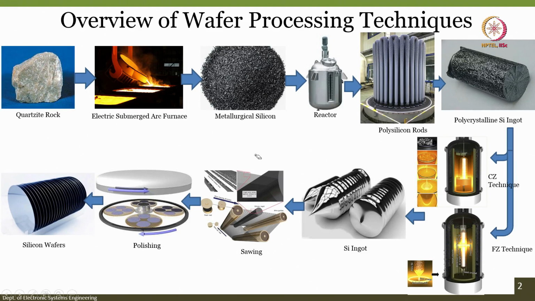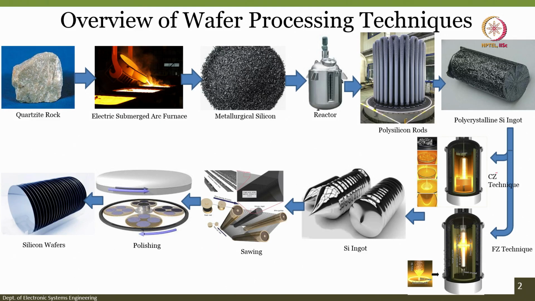You start from the quartzite rock and then you have an electric submerged arc furnace, you can get your metallurgical silicon, then there is a reactor, polysilicon rods to polycrystalline silicon ingot. Then using the CZ technique or the FZ technique you can fabricate different ingots. This is an overview, do not worry about it, I will go into details.